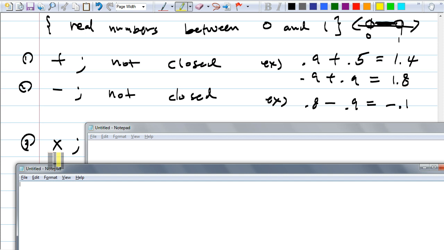Like 0.5, sure. Give me another one. 0.5, sure. What's 0.5 times 0.5? Is it higher than 0.5? 0.5 is half, right? What's half times half? Isn't it 1/4?